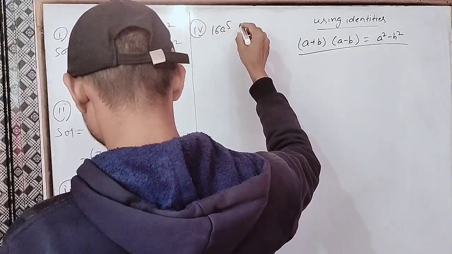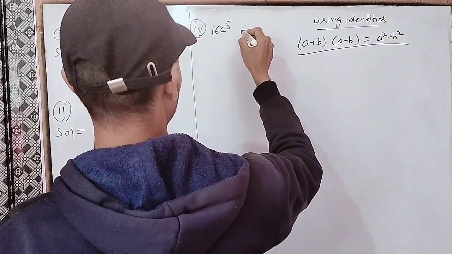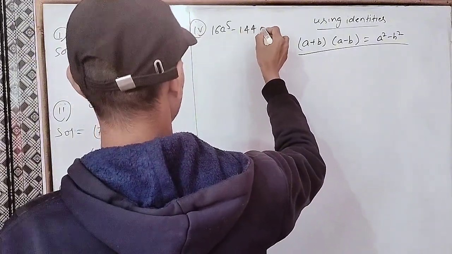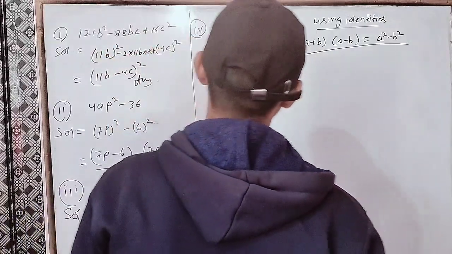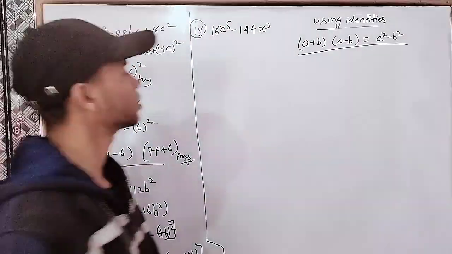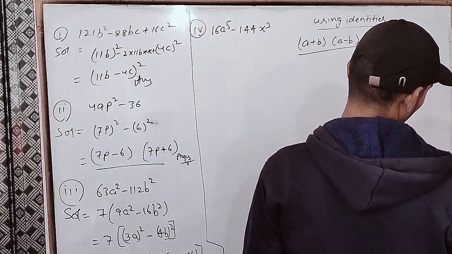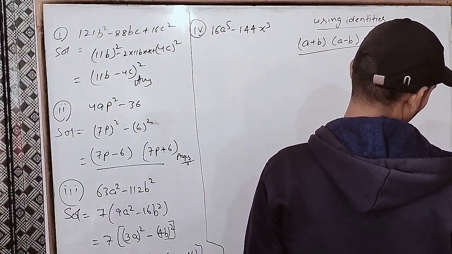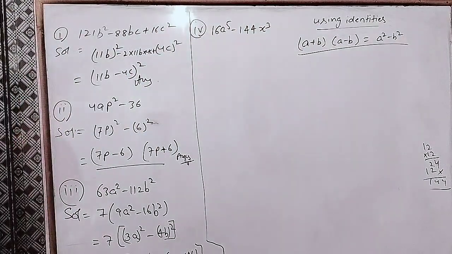Next, 16a raised to the power 5 minus 144. 16, so 4 4s are 16. 12 12s are 144.